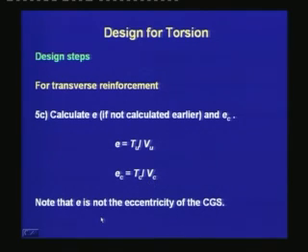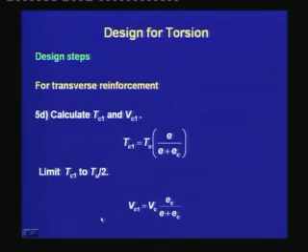Note that this e is not the eccentricity of the CGS. The parameters e and ec are used in the interaction equation of the torsion and shear, from which we calculate the capacity of concrete to resist torsion and shear when both of them are acting together.